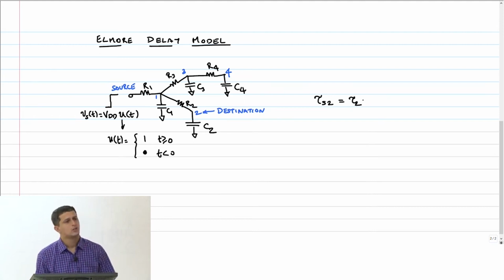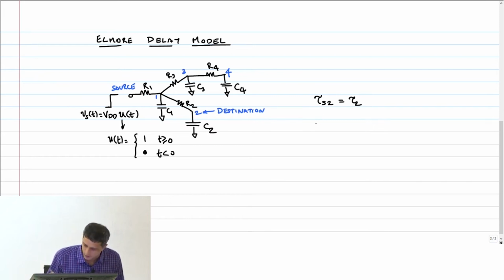Before we do any derivation, let us try to intuitively understand what's going to happen here. Can you tell me what the steady state voltage will be on all the capacitors? At t equal to infinity, what will be the voltage on all the capacitors? Exactly.